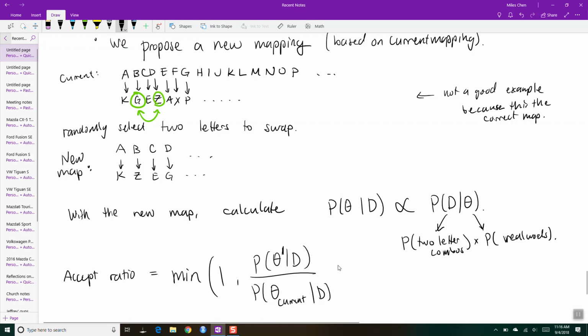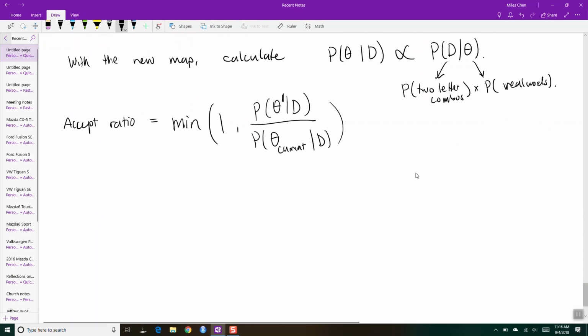Okay. Which is equal to the min of, because it's proportional, we can just go straight to this, right.